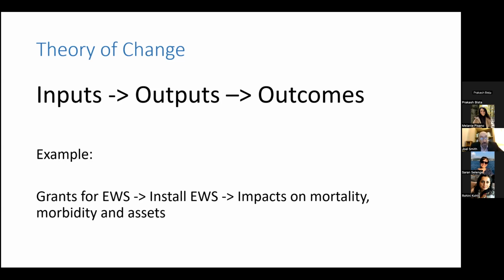And it's pretty easy to measure and look at the effect of are the grants leading to installation of early warning systems? But then the real question in the long run is, what difference does it make? Are the early warning systems used? Do people follow them? And ultimately, is there an effect? Do we reduce mortality, morbidity, that is, life and limb, as well as are we protecting assets? So there's an example of how this theory of change could work out.